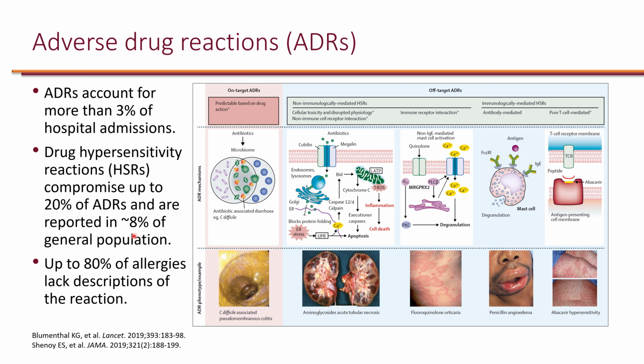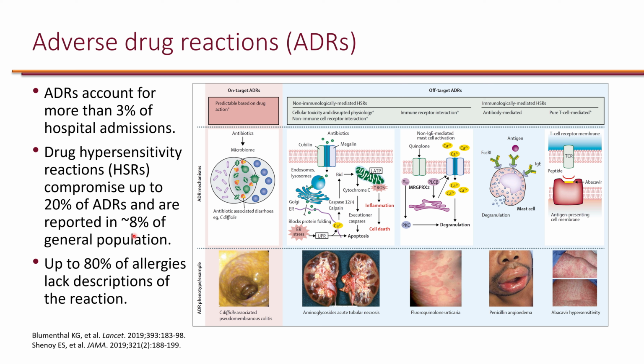So these are things that we actually anticipate. An obvious example is antibiotics, right? Antibiotics are intended to kill microorganisms, but we don't necessarily want them to kill all microorganisms. Specifically, we don't want them to touch the microbiome. Pretty much most antibiotics are associated with C. diff infections, and that is an on-target adverse drug reaction.